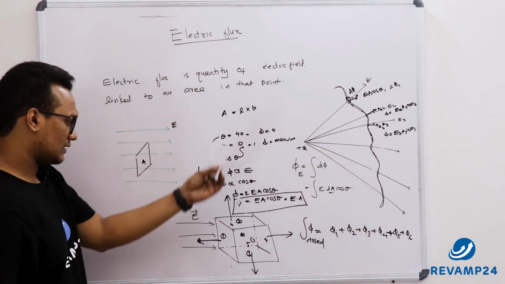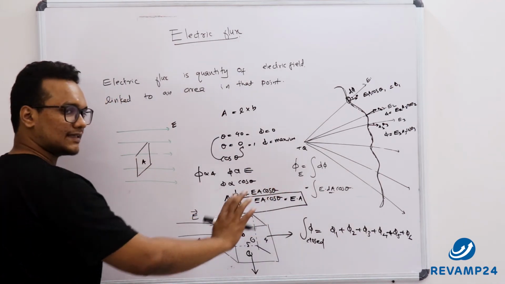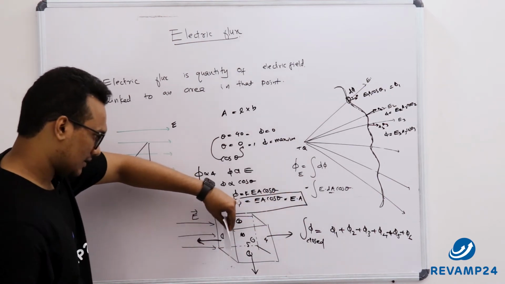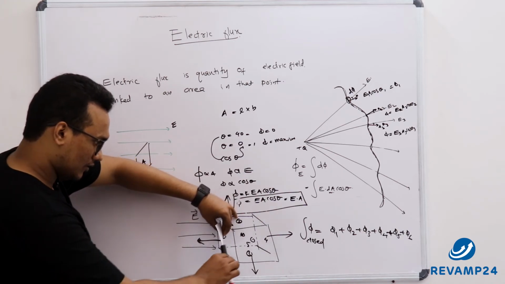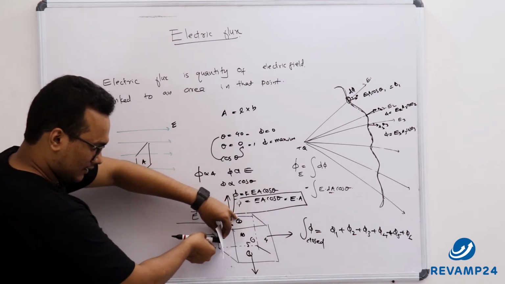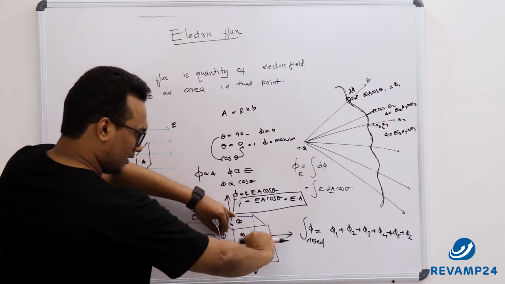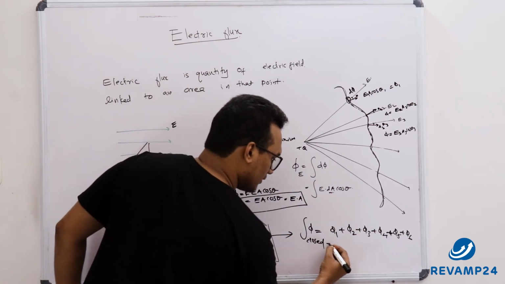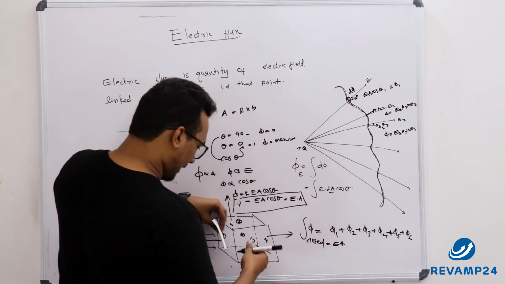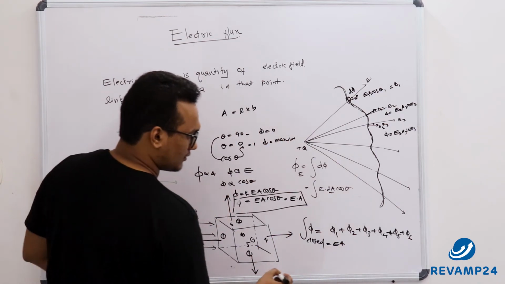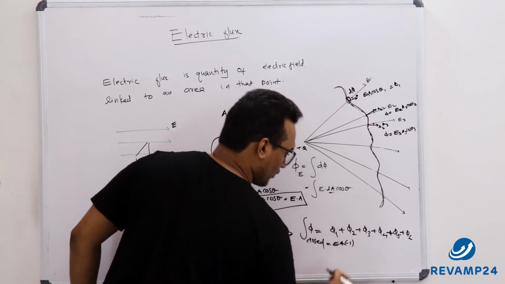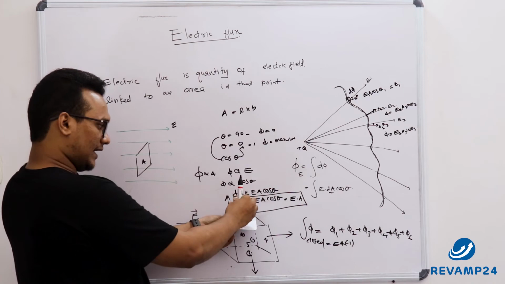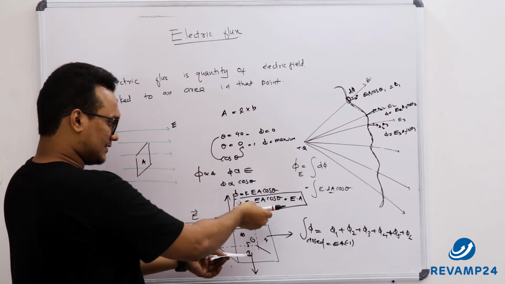Let's consider in this example that E is a uniform electric field and all areas are the same. With this side, we know that this is the area and this one is the electric field. So that will be E into A into cos of the angle, which is between this and this, cos 180. Cos 180 is minus 1. Now phi 2. 2 is the top surface. See, the area is in this way and E is in this way.